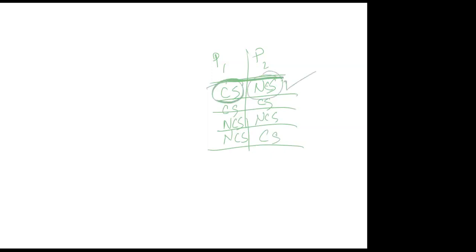This is completely fine. Here P1 is in the critical section and P2 is also in the critical section. You cannot do this. But both processes in the non-critical section is fine. P1 non-critical and P2 critical is also fine. So only this situation you need to avoid, to ensure the consistency of your code.